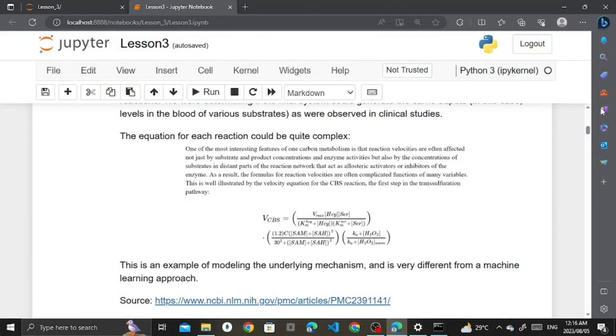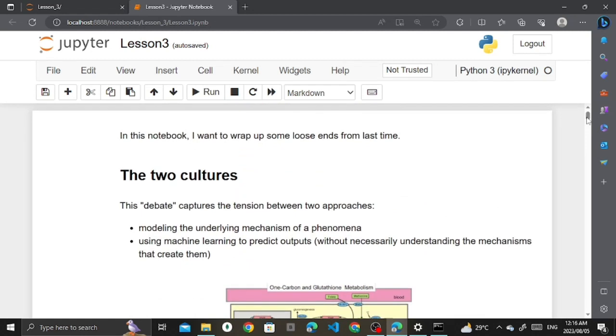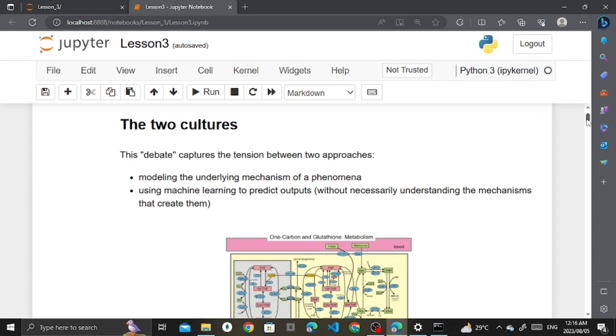In this notebook I want to wrap up some loose ends from the last time. As we talked about in lesson 1, the debate within computational linguistics, and I linked to a blog post by Peter Norvig, Google's head of research, who was disagreeing with Noam Chomsky, the father of linguistics, and he referred to a paper by Leo Breiman called The Two Cultures.